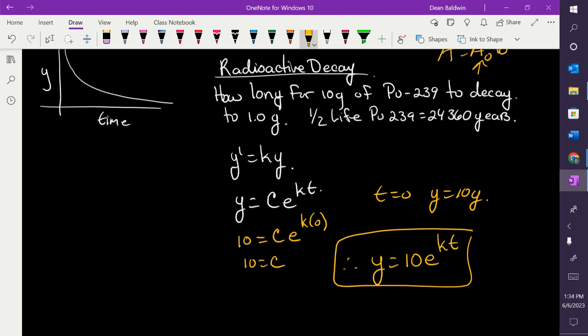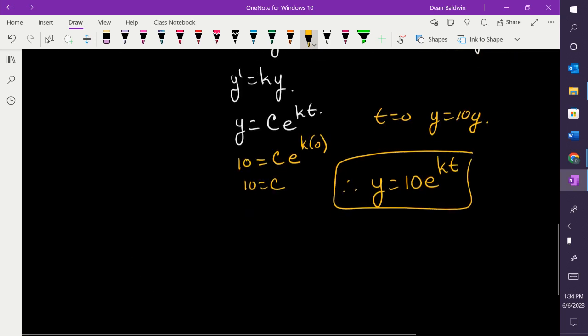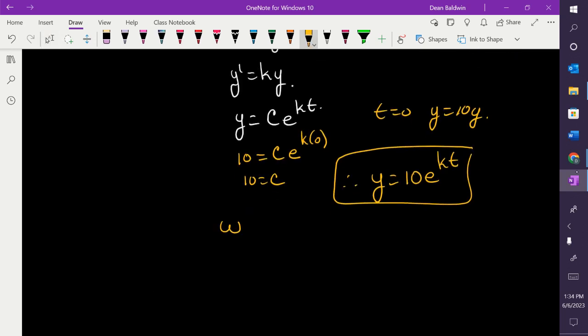The half-life. All right. So we know the half-life equals 24,360 years. How much did we start with? So what's half of that?